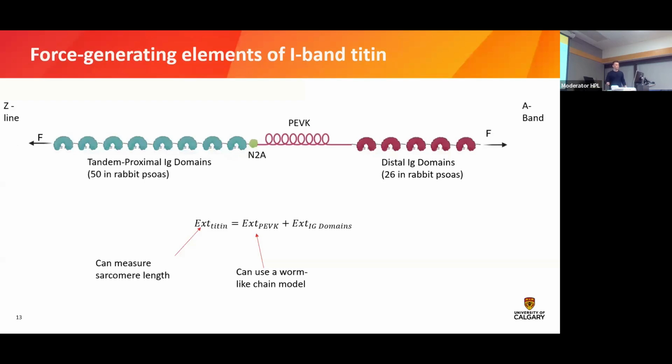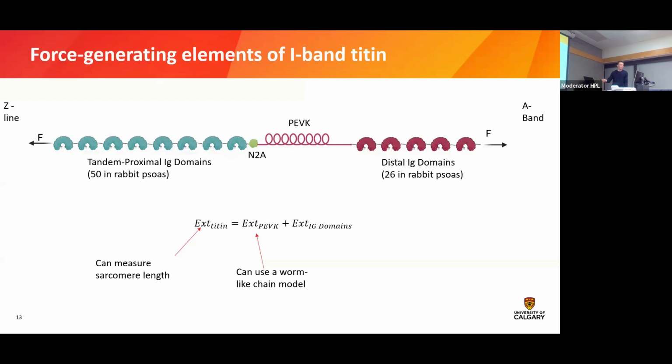Whenever we do the protocols, we can measure the force in the myofibril. Then we can calculate the force on Titin, and that we can do with the lattice spacing of Titin in the myofibril. That force allows us to model the PEVK and determine the length of the PEVK.